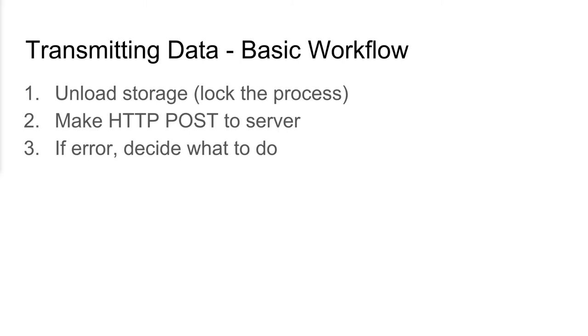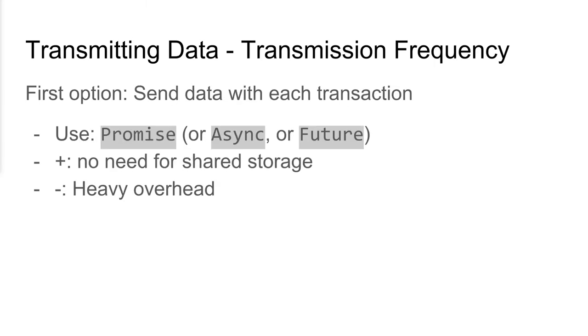So luckily, concurrent Ruby provides us some pretty good solutions for this. So let's explore our options. The naive way to do this is to transmit the data at the time that we collect it, that is, send it immediately after the transaction finishes. So the transaction finishes, we send that transaction's data with a single HTTP request.